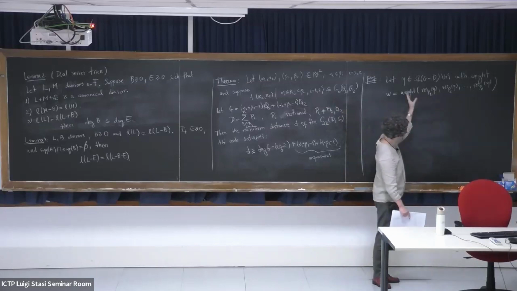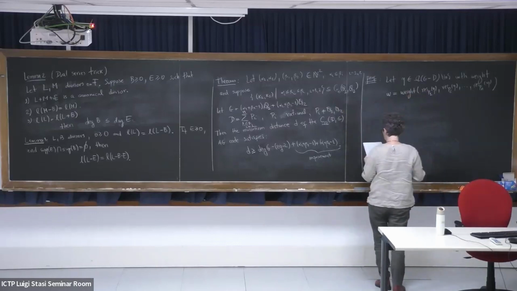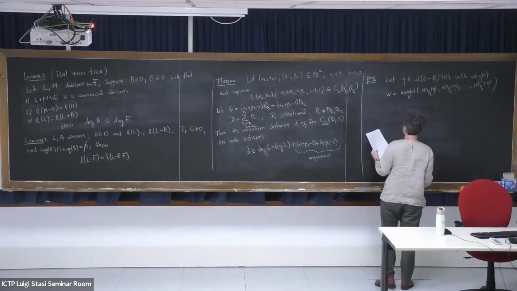So you just organize the coordinates in such a way that the first ones are not 0 and the last ones are 0.